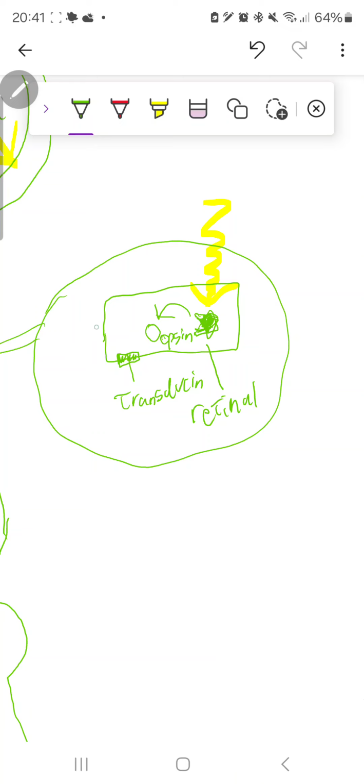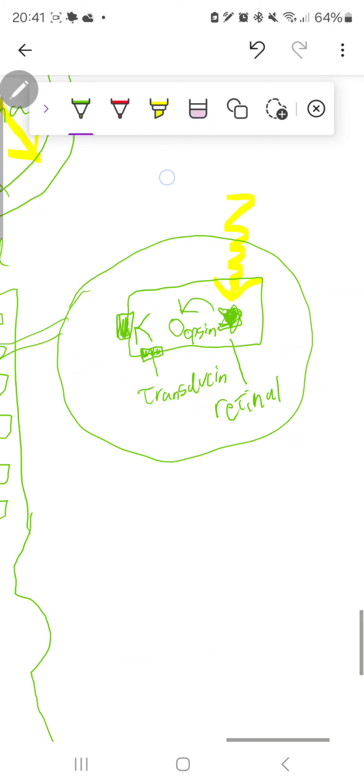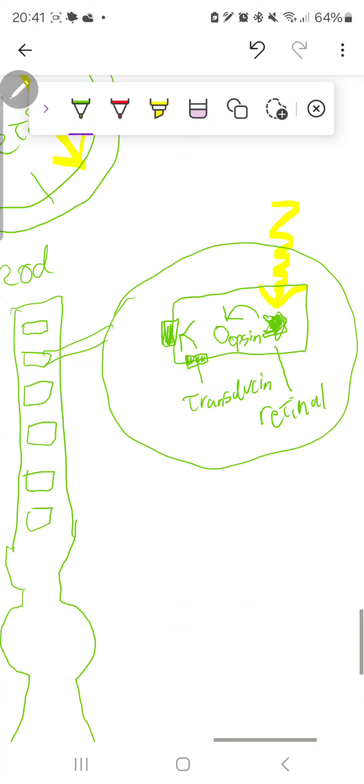And furthermore, this transducin will activate another molecule in the membrane, which is called phosphodiesterase. And the job of phosphodiesterase is to convert cyclic GMP to GMP.